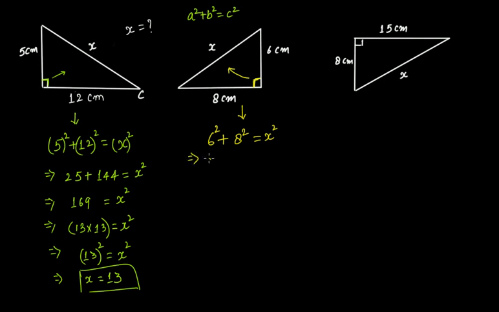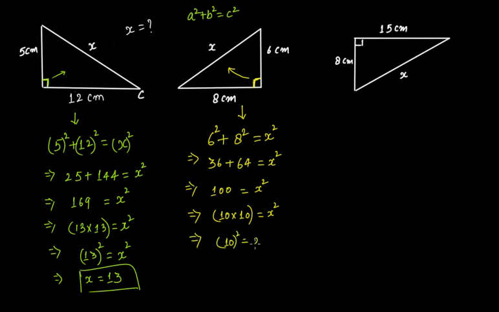And if you solve this, this is 36 plus 64, which is x square. 36 plus 64 is 100, and this is x square. This will be 10 times 10 is equal to x square, and this will be 10 square is equal to x square. Therefore, you'll get x as 10, right?